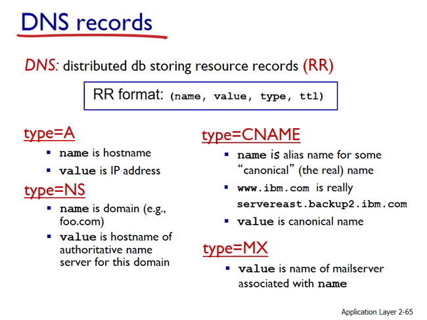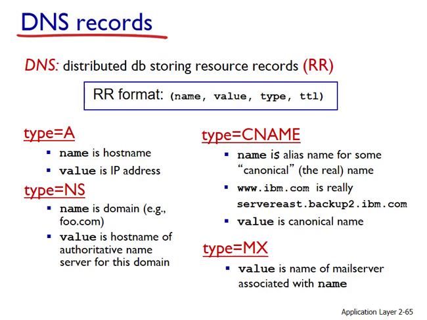The DNS servers that together implement the DNS distributed database store resource records, or resource records, depending on your accent, including the resource records that provide host name to IP address mappings. Each DNS message carries one or more resource records.